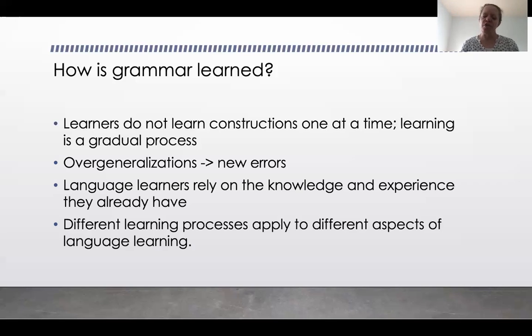But other learning processes might apply to different aspects, such as having students do fill in the blanks, or having students apply things to a personal context and use it in a personal way. And so we want to be thinking as teachers, how can we help our students experience different aspects of grammar in different ways? The answer is not always to have the students do some kind of memorization or grammar drill.